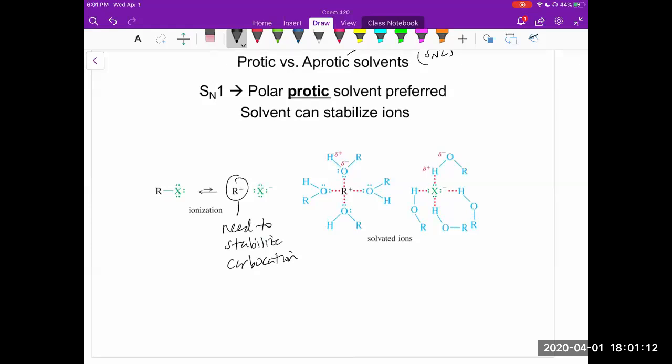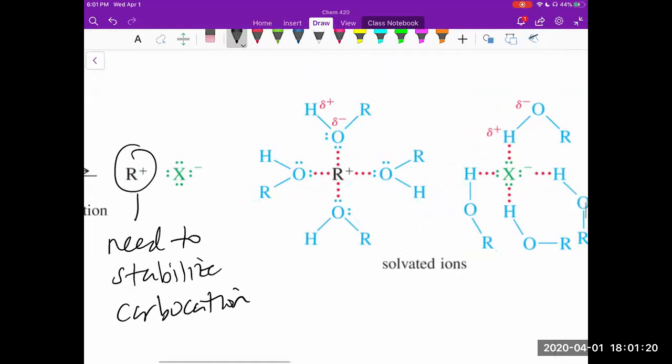When you look at polar protic solvents, they can cluster around it and help stabilize. And that's this picture right here. You see some alcohol molecules. And remember, with polar protic solvents like alcohols, the OH bond's really polar. And so the oxygen has a very large delta minus on it.